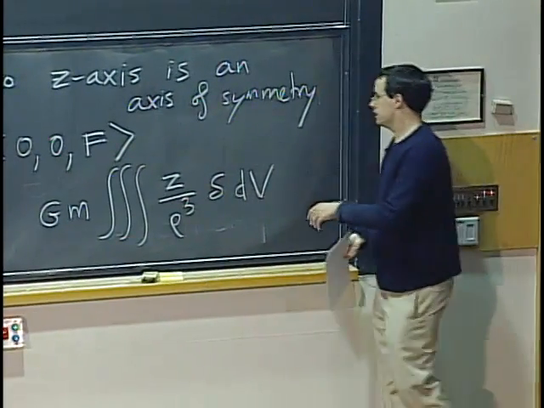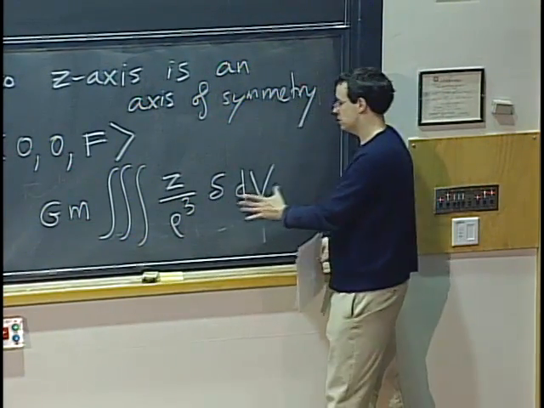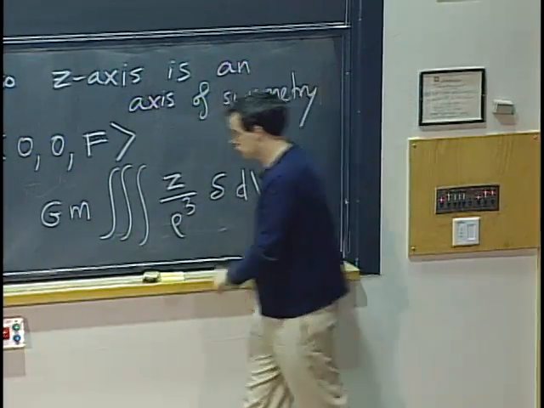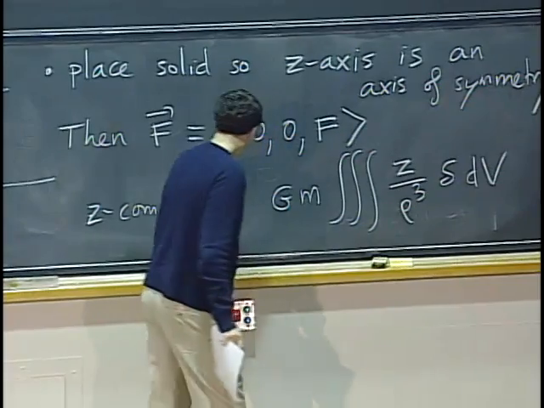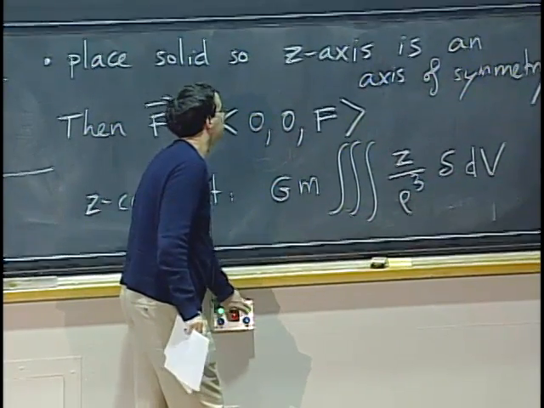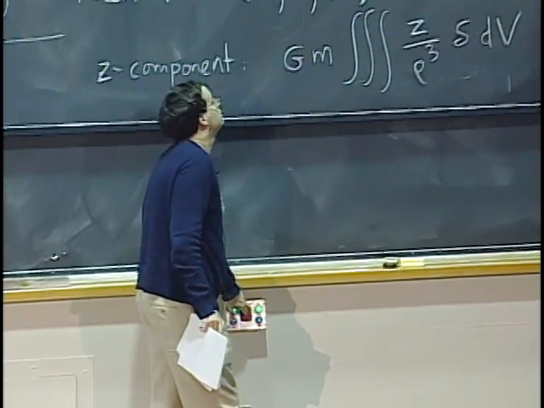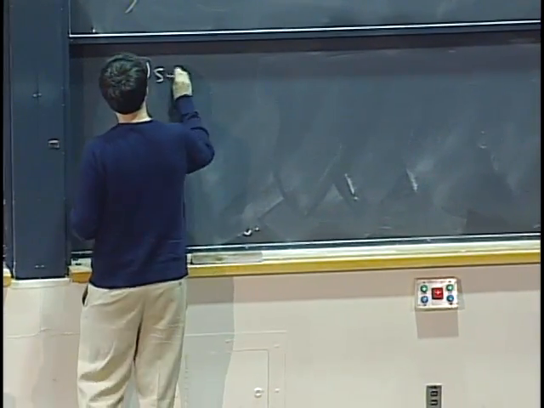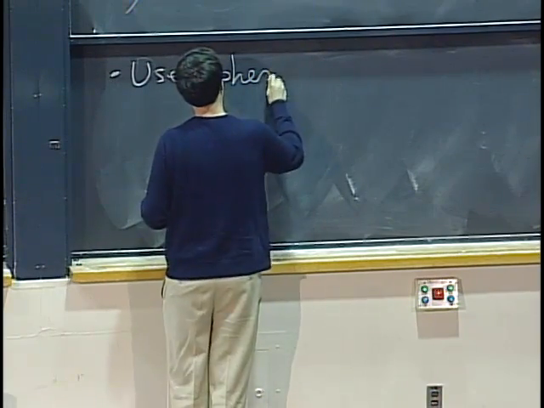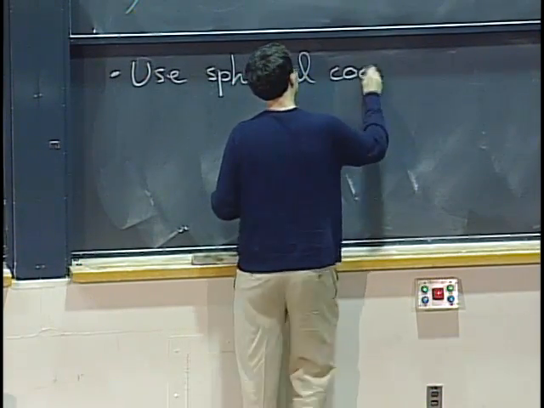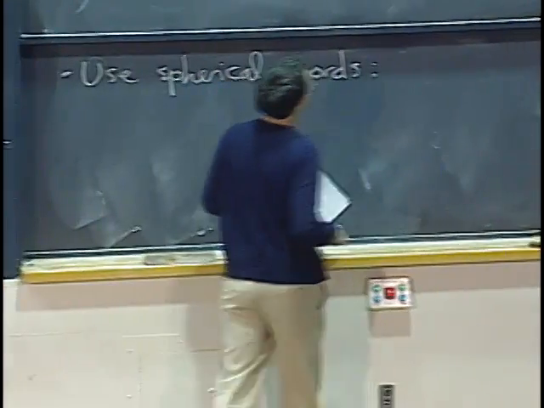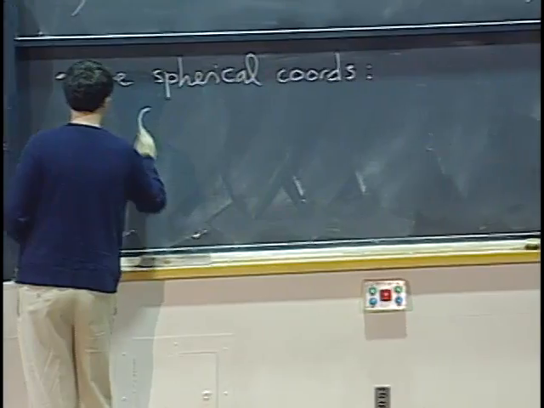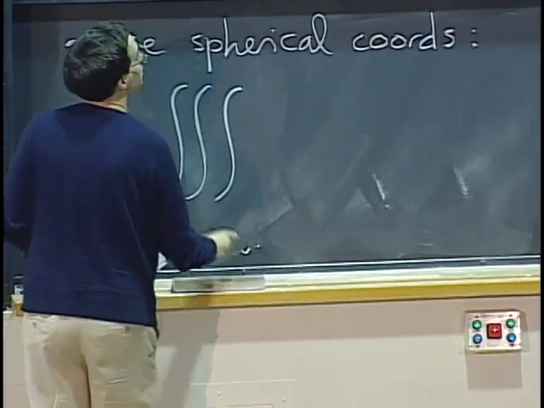The second thing is, well, we have to choose our favorite coordinate system to do this. But I claim that actually spherical coordinates are the best. Because let's see what happens. G times mass times the triple integral.